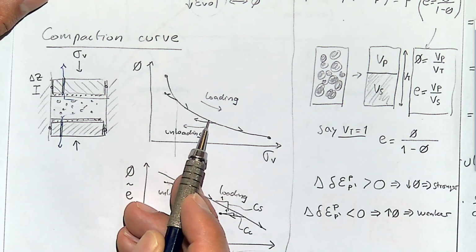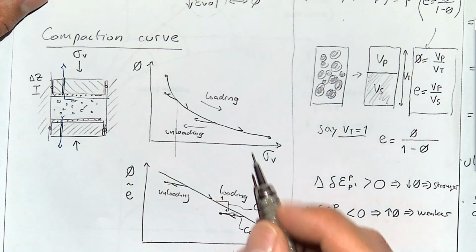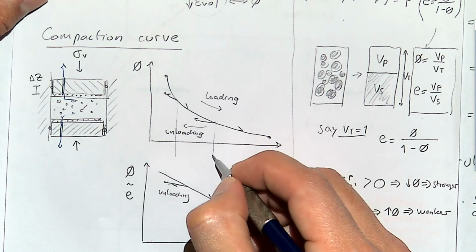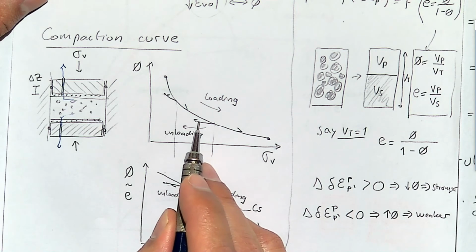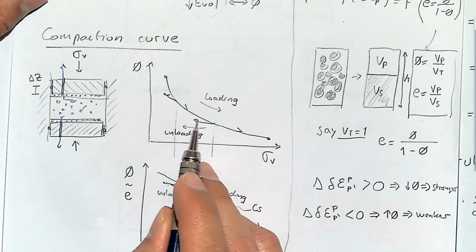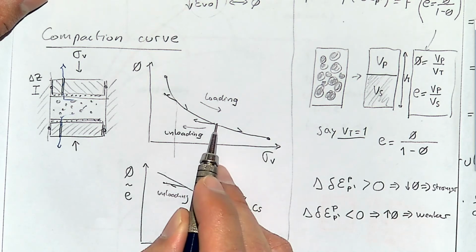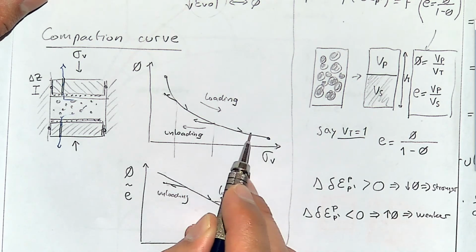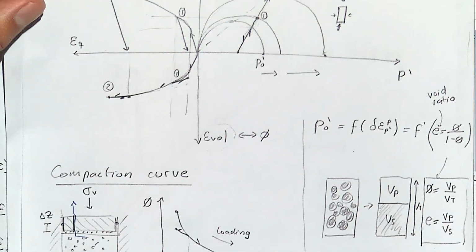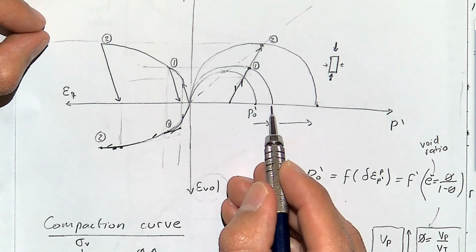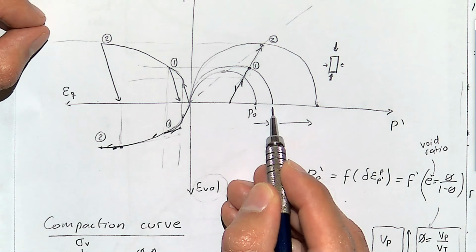And then you can load it up to here, and if you unload, the new maximum compression will be this one. And you can reload it, and if you don't achieve this value, always you're going to be in an elastic regime. But if you get to here, you get once again in this line. And this is what makes your yield stress, your yield surface to move. So this p naught is not a constant, it moves.